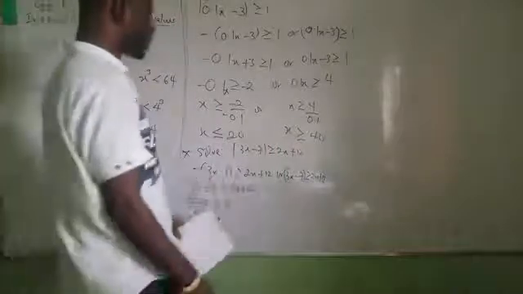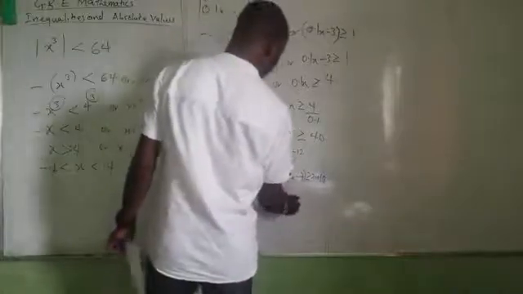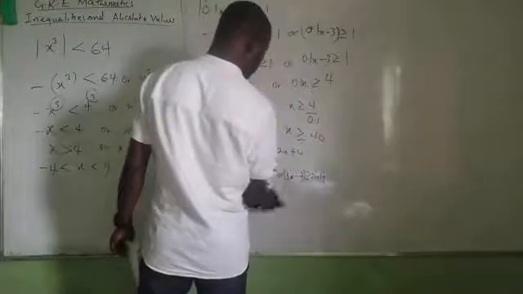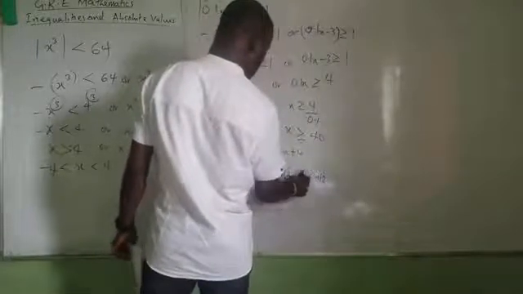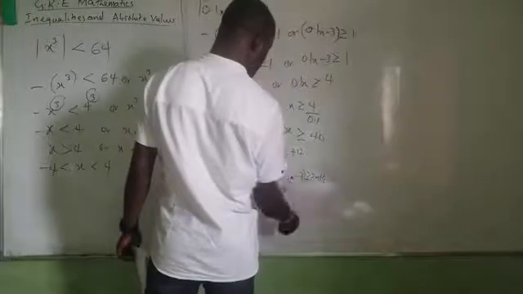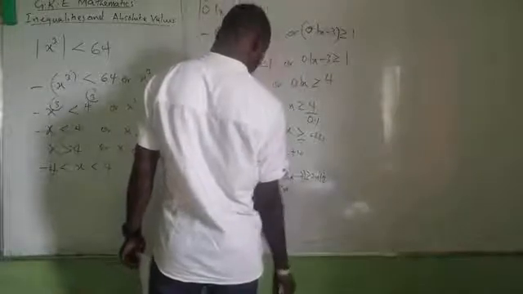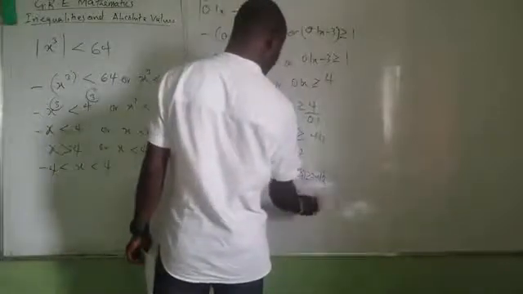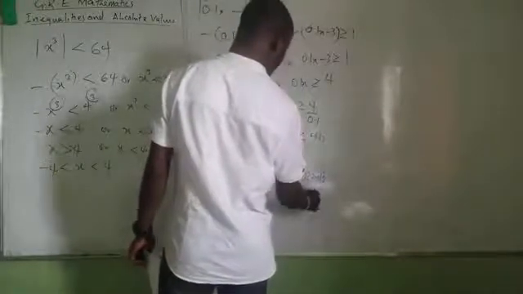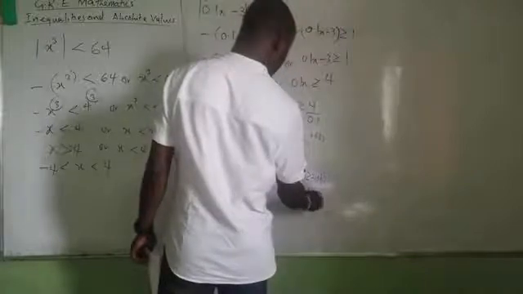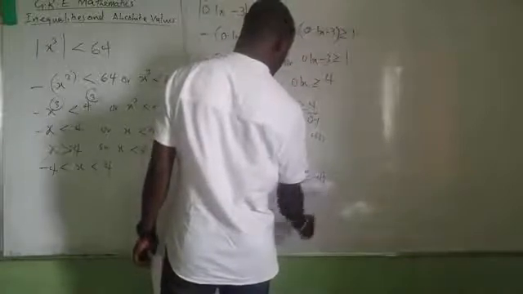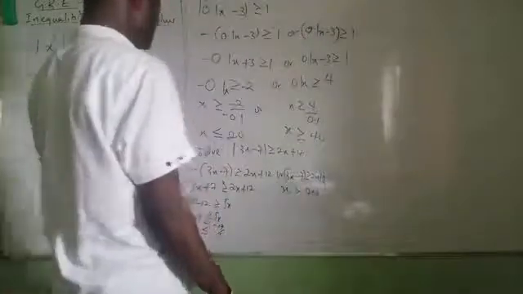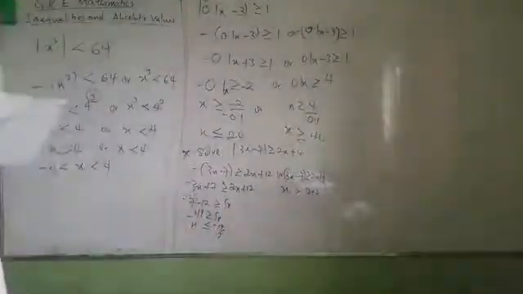Now, the same thing will happen here. 3x, I will have a single x, a single x will be greater than or equal to 12 plus 7, which, if I'm not making any mistake, is 19.